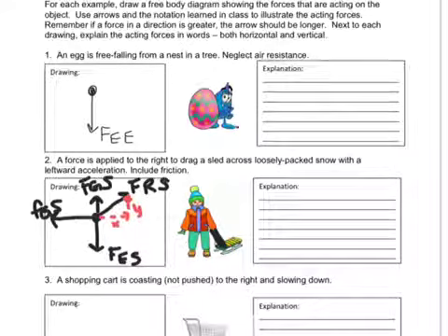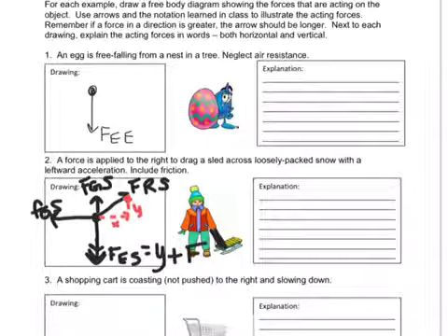So I can't erase that. I'm just going to lengthen this vector. So that needs to equal the y component plus the force of the ground on the sled. So the two up must equal the one down, and it has a leftward acceleration, meaning I need a net force in that direction. So the frictional force needs to be longer than this x component, which it is.